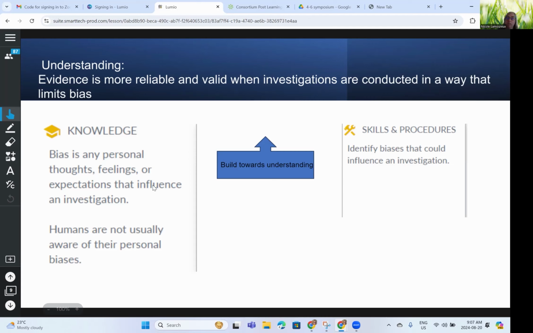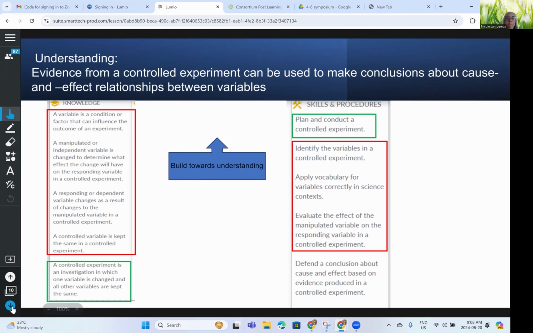And so again, we talked about that personal bias, like even the seed is small or the seed is large or things like that. And as human beings, we are not aware of our own biases. And that's important for them to know. So that's why we have these methods in place to help remove that. And it's the best thing that we have, right? It's not perfect, but it's the best thing we have.